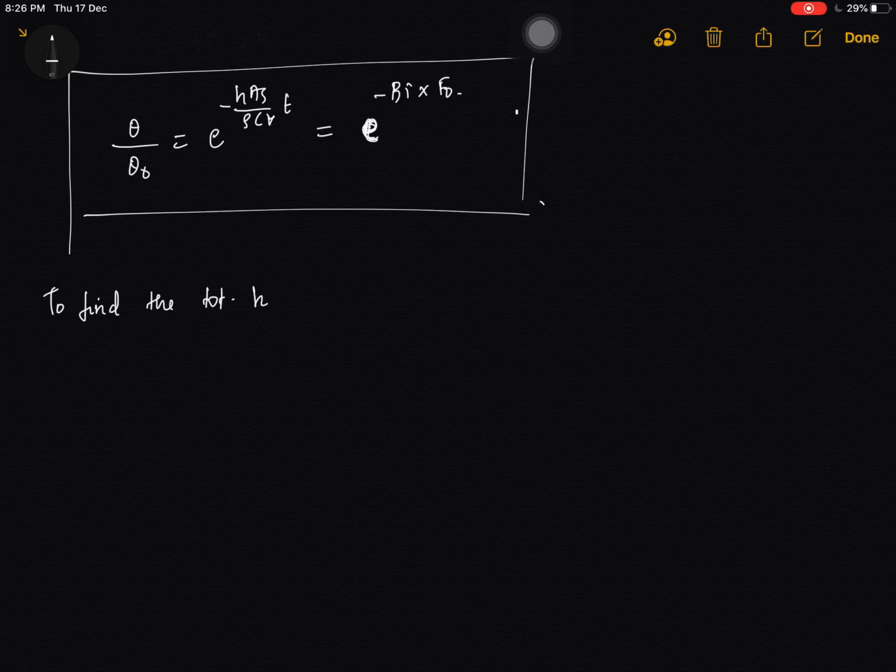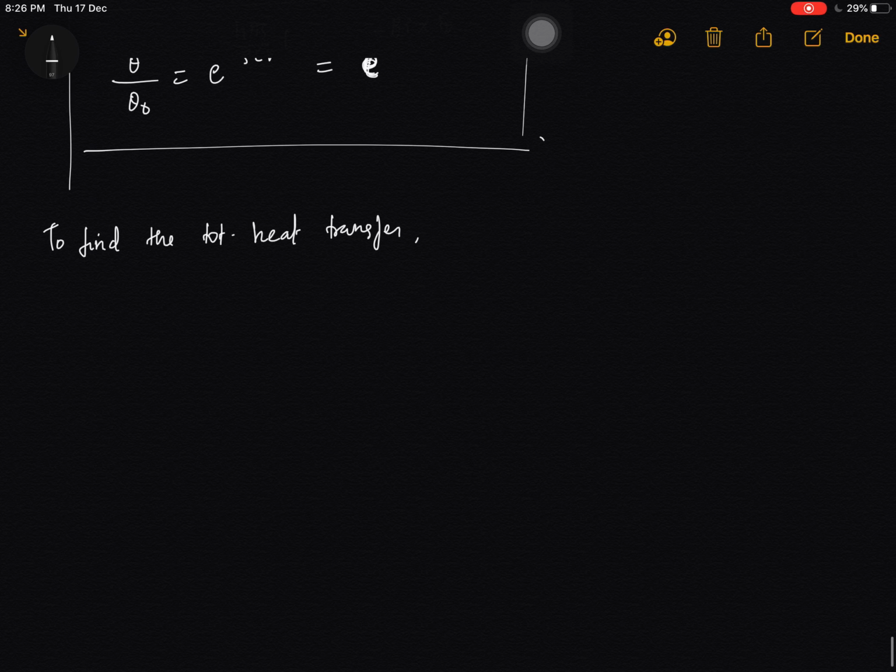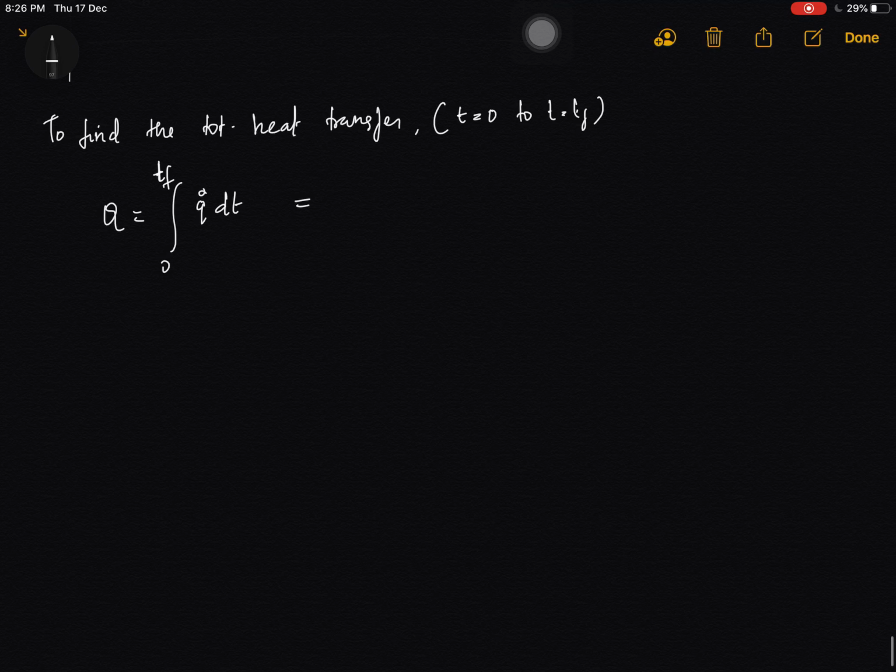To find the total heat transfer occurring in this case, we can write Q equal to the integral of Q dot dt from t equal to 0 to t equal to tf.